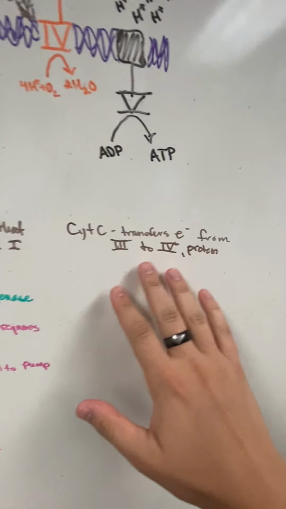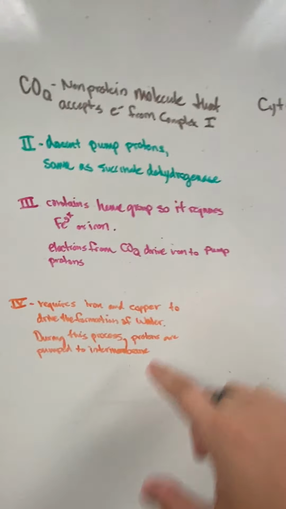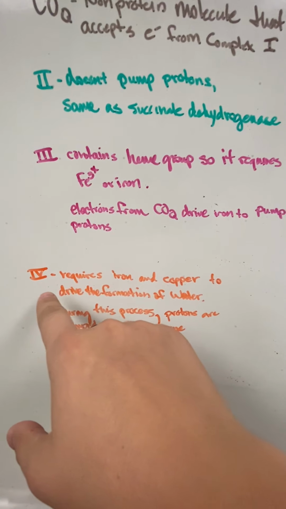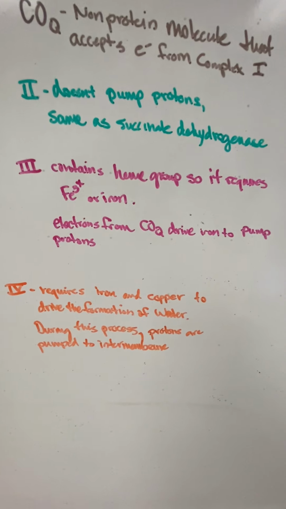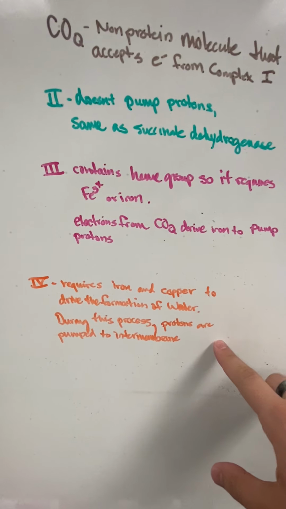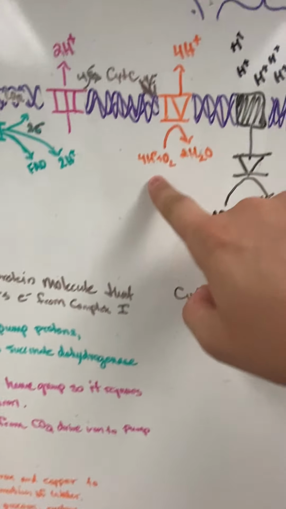But anyway, coming back, we go from 3 to 4. And in the process, 4 requires iron and copper to drive the formation of water. And during this process, protons are pumped into the intermembrane space.